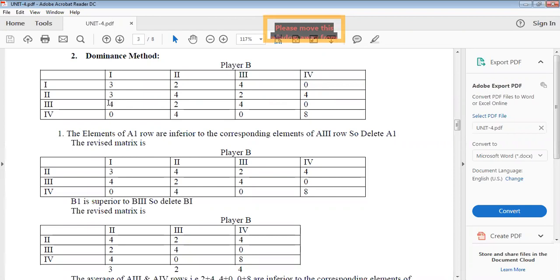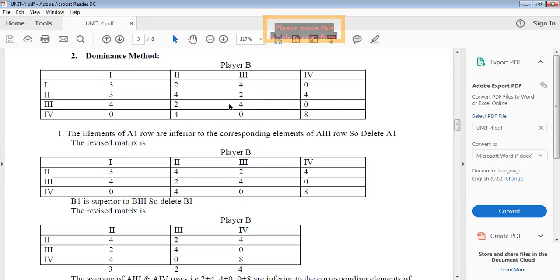At least one element is dominating: 4 is greater than 3, 2 is equal to 2, 4 is equal to 4, 0 is equal to 0. Only one element is dominating. So automatically 3240 is less than or equal to 4240.